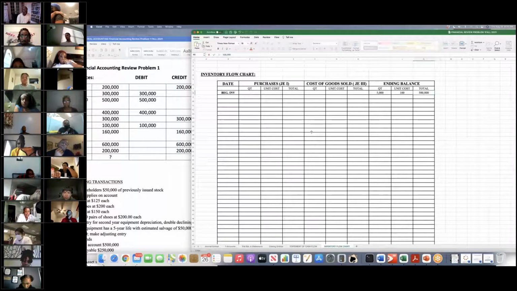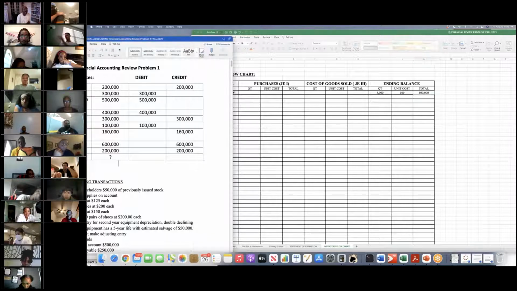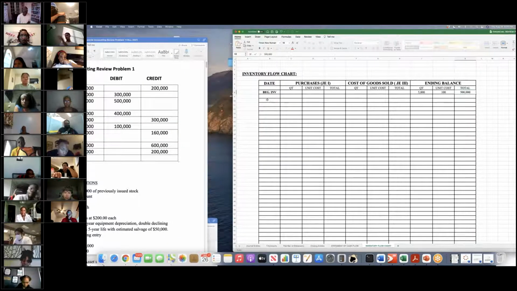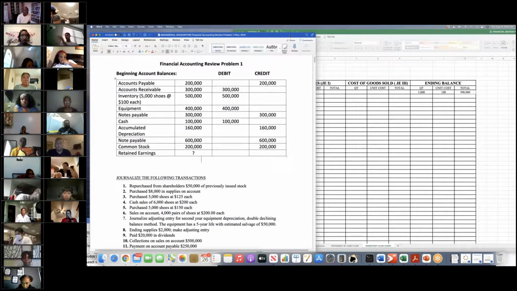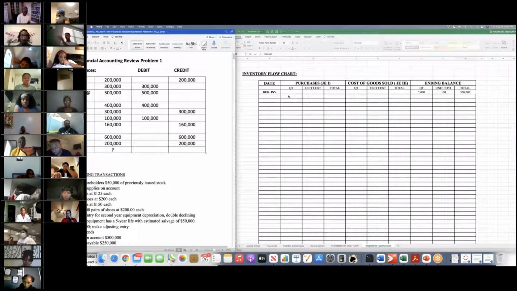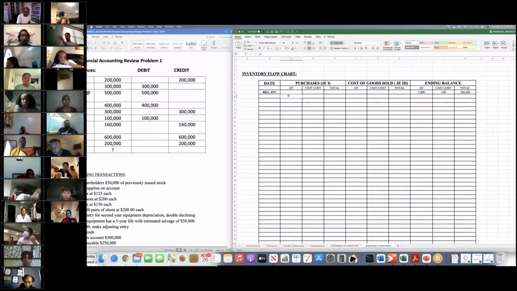And then for this next transaction, for this purchase that we made, we got how many pairs of shoes? 5,000, which made it a total of 10,000 shoes. The unit cost is what? 125.